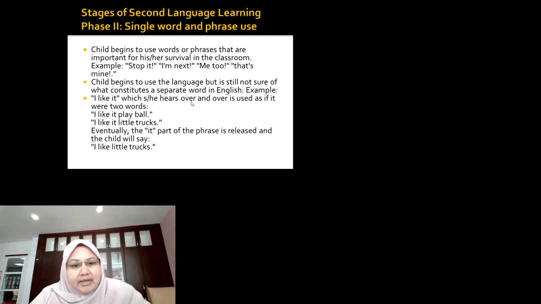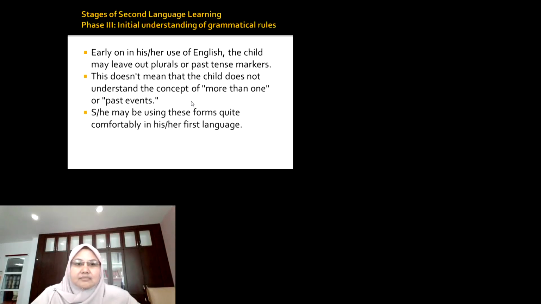It should be "I like playing ball" or "I like little trucks." Eventually, as they master the right phrases, they can say "I like trucks." Finally they know that it is not necessary to include it in every single phrase like "I like it."